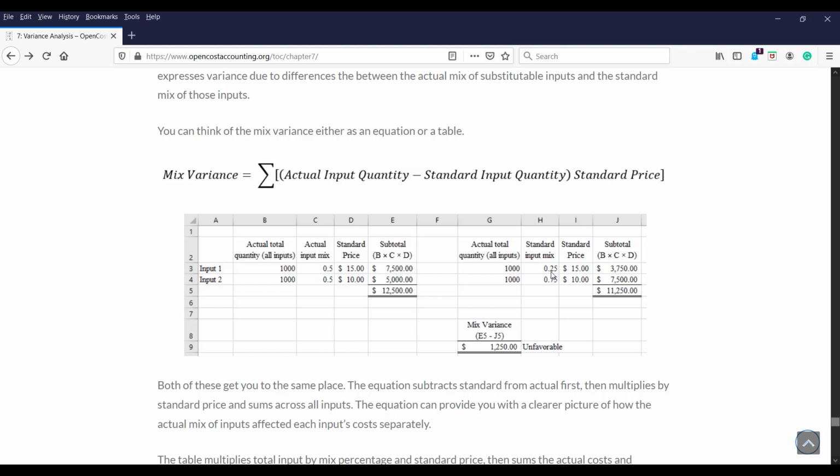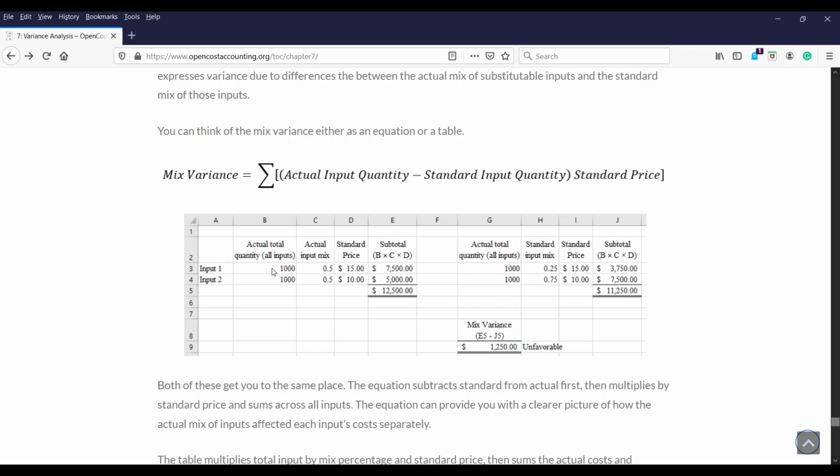We expected them to come together in a 0.25 to 0.75 or a 1 to 3 mix, not a 1 to 1 mix. So we expected to have 3 times as many unit 2s as we had unit 1s, but that didn't work out. So we end up having this number right here much higher than this number right here. And this number right here is lower than this number right here, but only to a certain amount. We only save so much because this is a lower cost input.